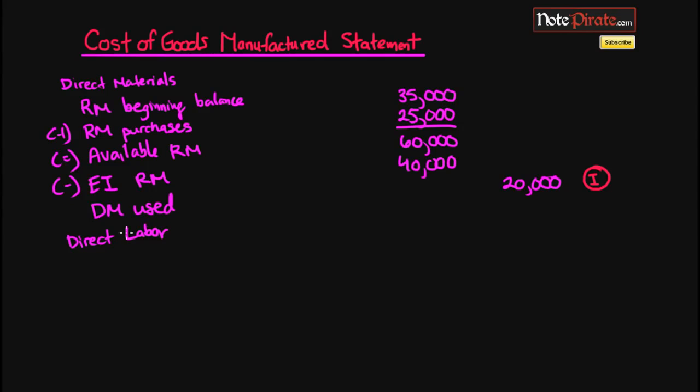This is all just costs within the manufacturing environment. So we're going to be taking those timesheets, and let's say they're $12,000 worth of cost for our product line employees. So that's going to be finishing off the direct labor section.